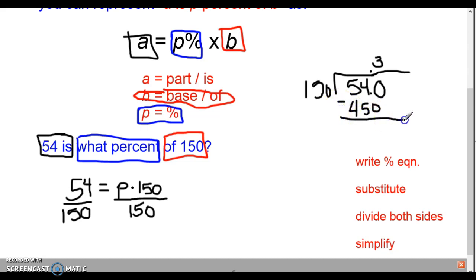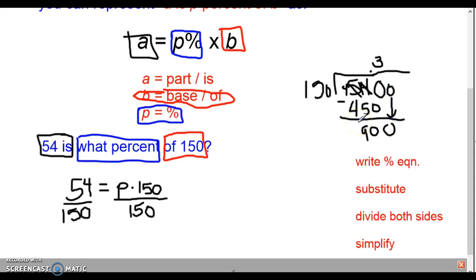I would go ahead and subtract 0 minus, or 5 minus 4, we can't do that, so I borrow. This would give you 4, 14. So 14 minus 5 would give you 9. This would give you 0. And then I'd bring down an extra 0.